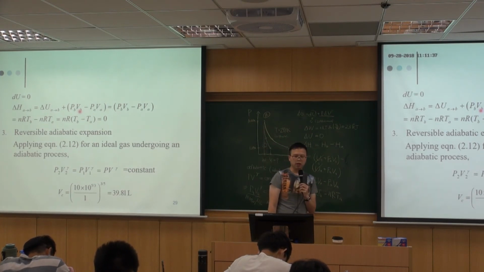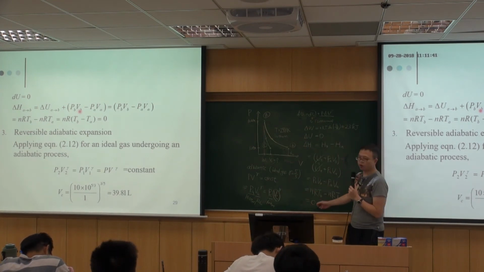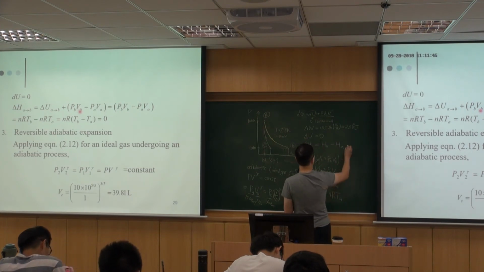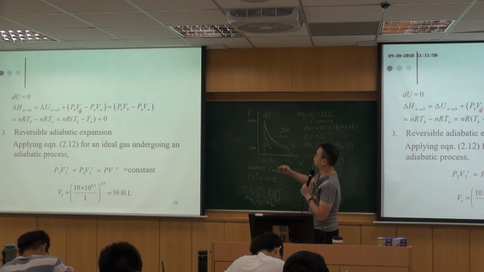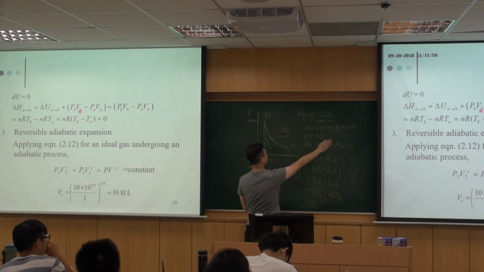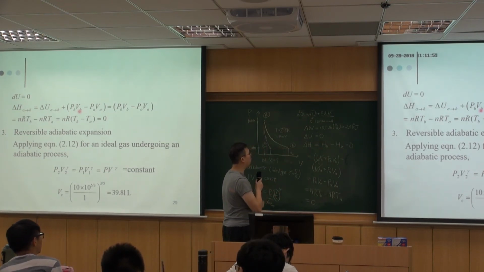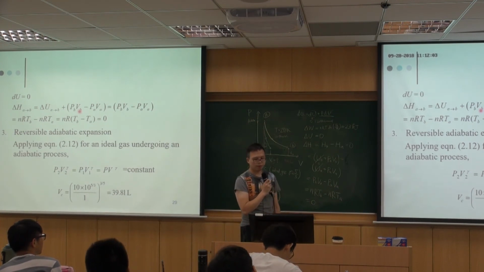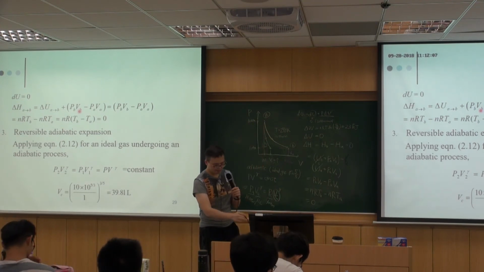So in this case, change in terms of enthalpy is also 0. So the final answer, at least for the isothermal process, is that the work done by the system, the area over here, is 23 kilojoule. Internal energy change is 0, and the change of enthalpy is also 0. Okay, we'll come back later to see the adiabatic process.